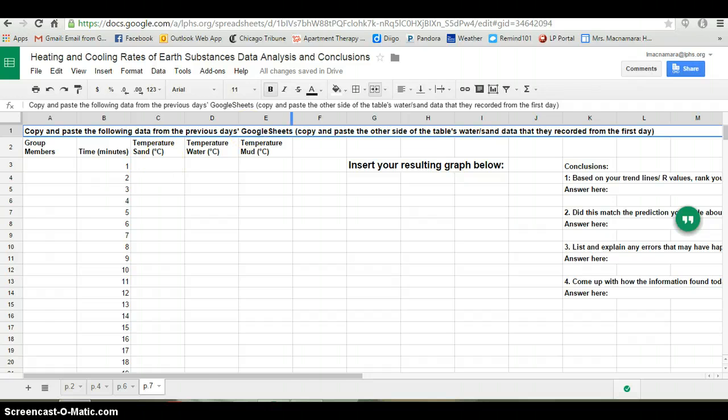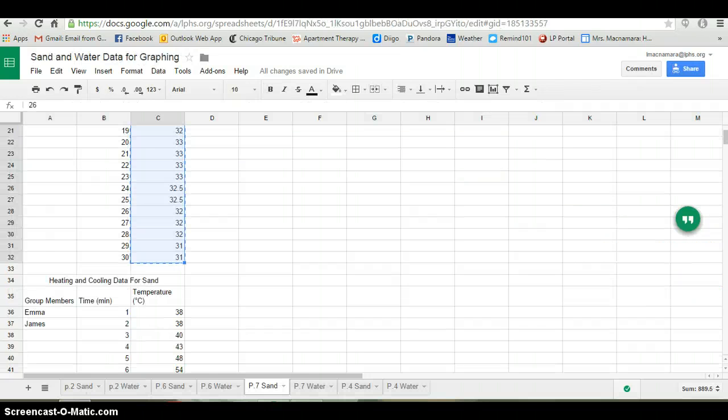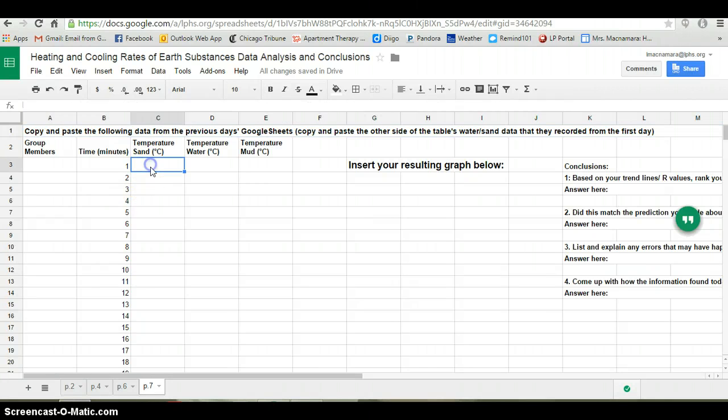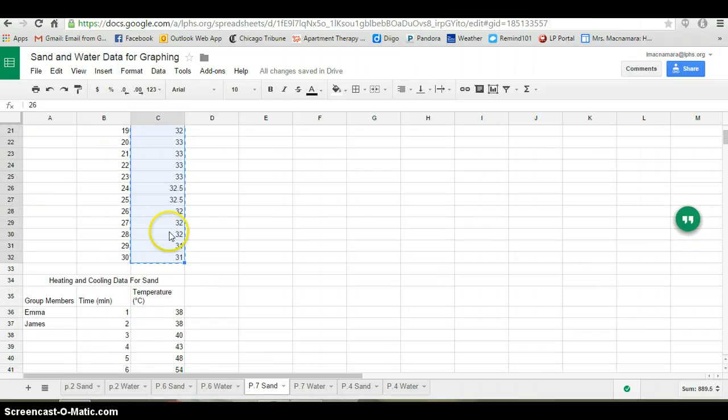So they collected the sand, so I'm going to put in their data for sand. So their side of the table. And here we'll put all their names, like Anna, Nick, and then we're going to be doing Leslie and Maddie. I'm going to collect the data and see what my other side of the table did for water.